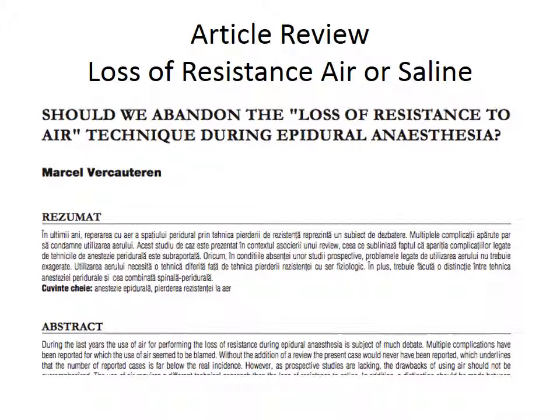In a case report from the Timisoara Medical Journal, a discussion of the use of air for loss of resistance is addressed after a 34-year-old parturient experienced a headache after accidental injection of 5 mL of air in the intrathecal space. A CT showed air bubbles in the space and a headache that was persistent, becoming progressively positionally dependent.